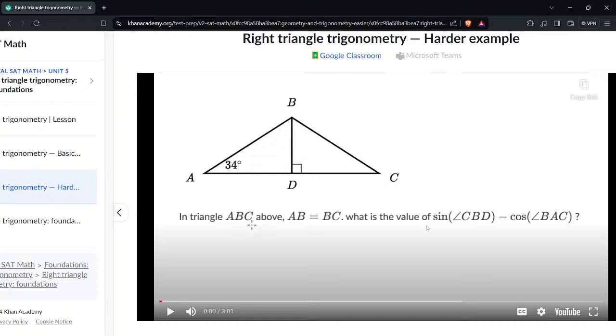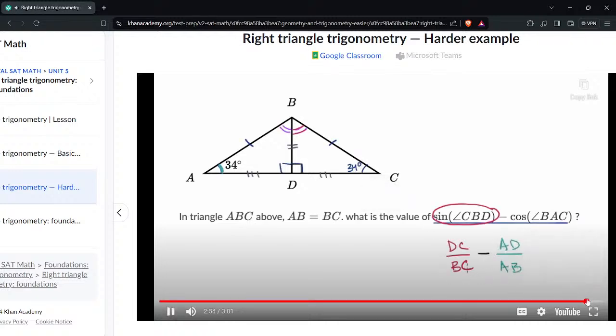So we have sine 56 minus cos 34. Cos 34 is sine of 90 minus 34, which is sine 56. So it's 0, the right answer. This is AD over AB minus AD over AB, which is equal to 0.